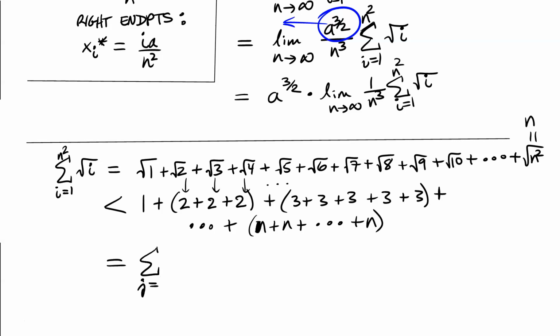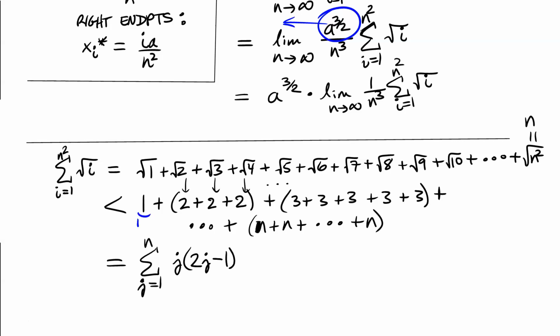We're going to sum from j equals 1 up to n of j times, okay, so this first term of 1 is j. In the second term, j is 2. Now I just need to multiply by how many terms there are. For instance, when j is 1, there's 1 term. When j is 2, there are 3 terms. When j is 3, there are 5 terms. I think I said 2j plus 1. It's going to be 2j minus 1.